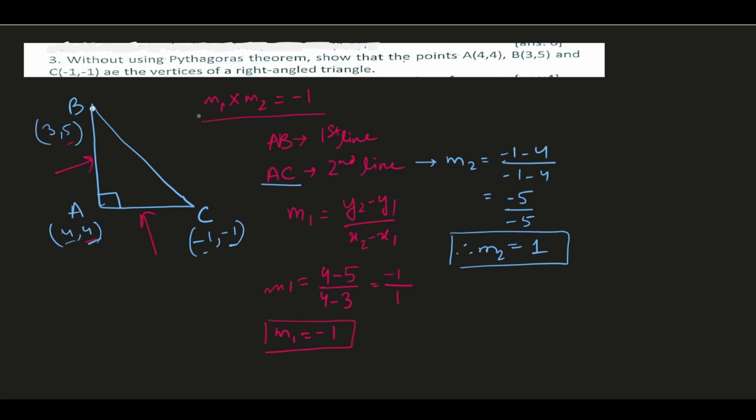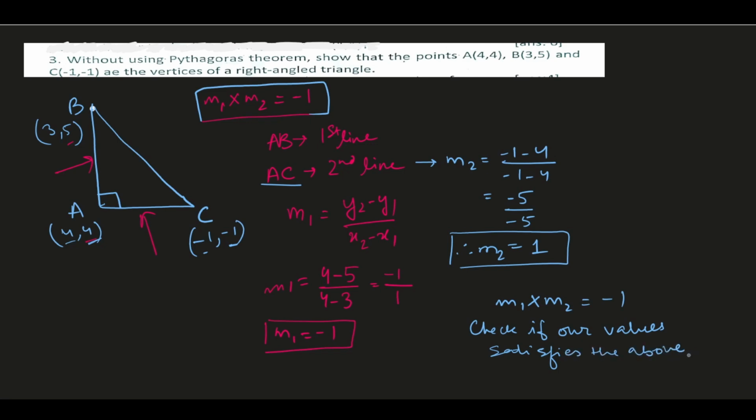Now let's check if M1 into M2 is equal to minus 1, whether it holds true or not. M1 into M2 must be equal to minus 1. Check if our values satisfy the above relation or not.